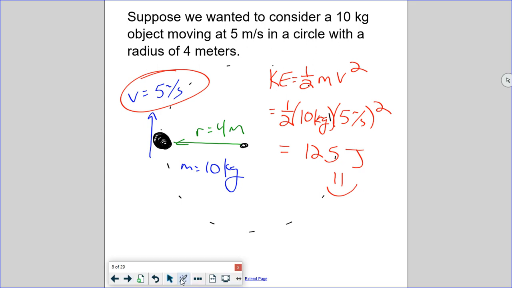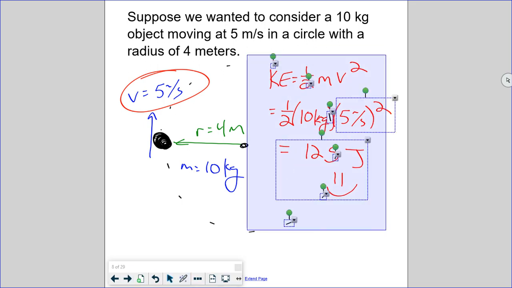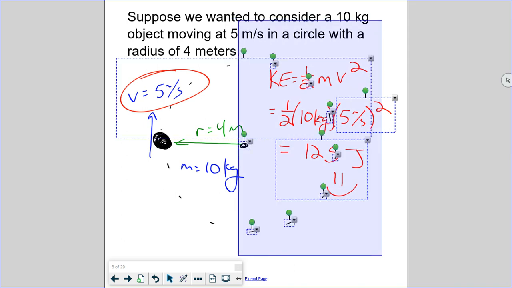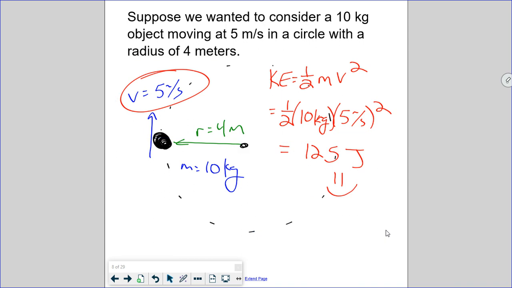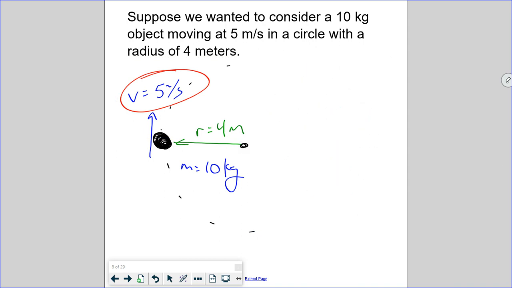So just remember, the kinetic energy that we calculated was 125 joules. Now let's find the rotational kinetic energy. Rotational kinetic energy is 1/2 times I times omega squared.